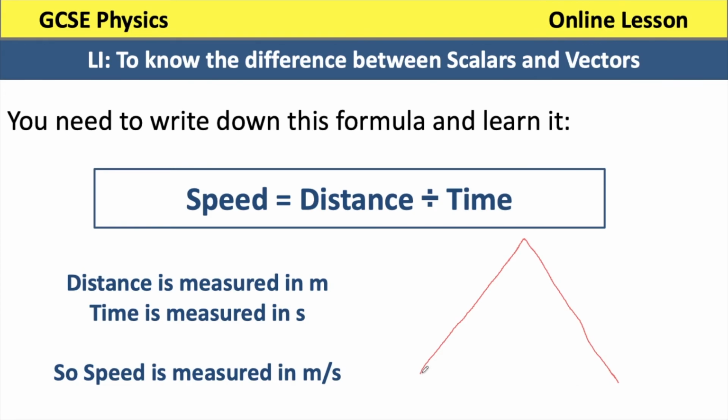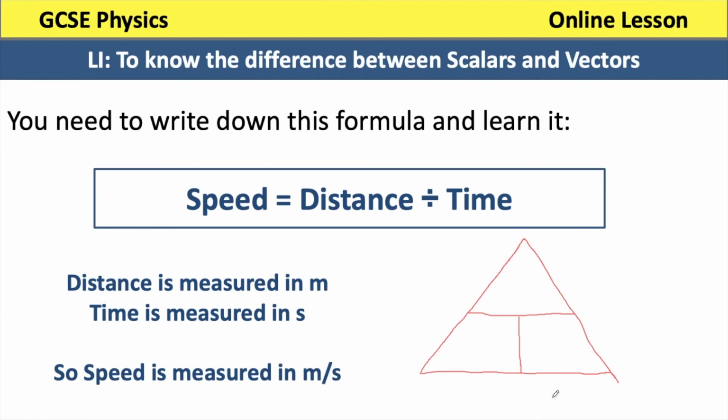Now what I see quite often in class is that students get this triangle incorrect, because they will automatically put speed at the top because the equation is written speed equals. However, that is not the rule for drawing a triangle.